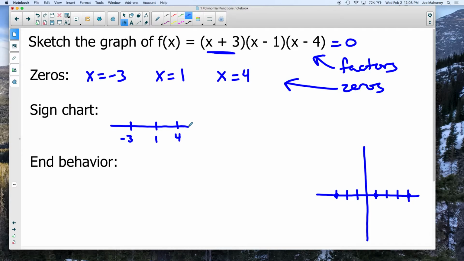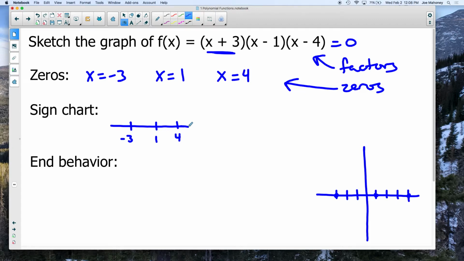Now, I know the value of the function at negative 3. It's 0. But what happens if I go to the left of negative 3? Let's pick a number to the left of negative 3 on the x-axis, like negative 1 billion. You can do negative 4, negative 5, but I like to do really big numbers if I get a chance.